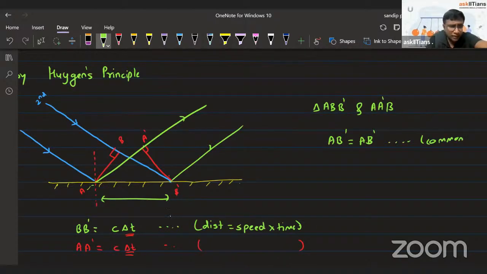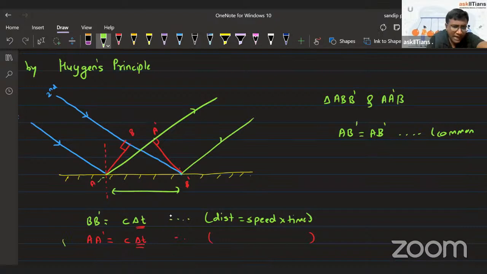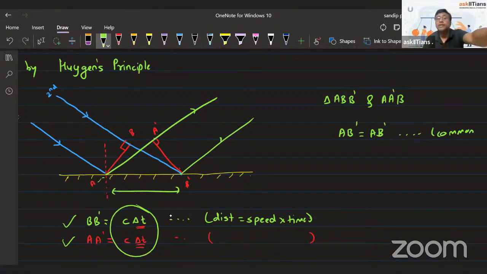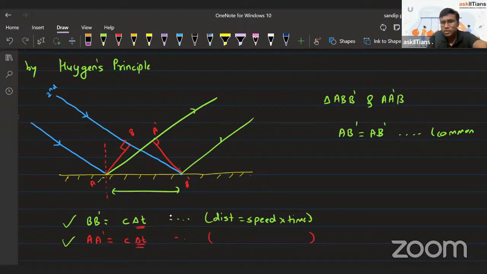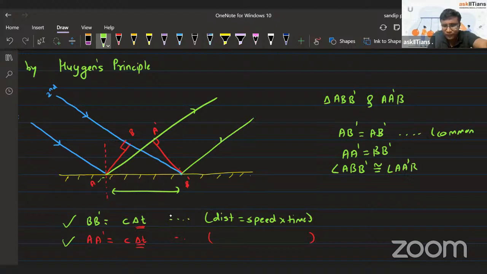Right? Then we also said that AA dash and BB dash both are same because both are the distances traveled by the light. So let's say AA dash is equal to BB dash. Plus that angle you can check there. So angle ABB dash is congruent to angle A dash B. Why? Because both are 90 degree.